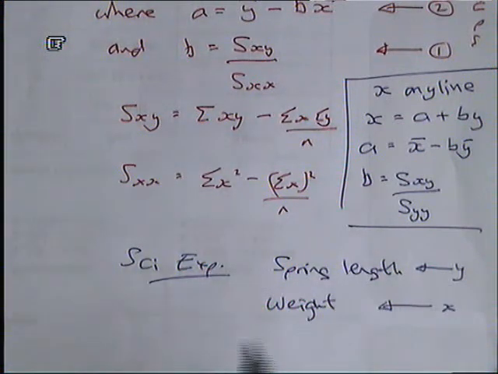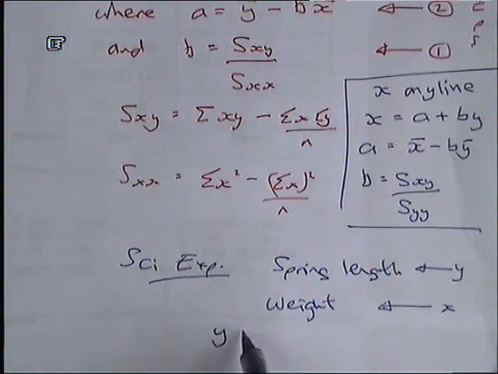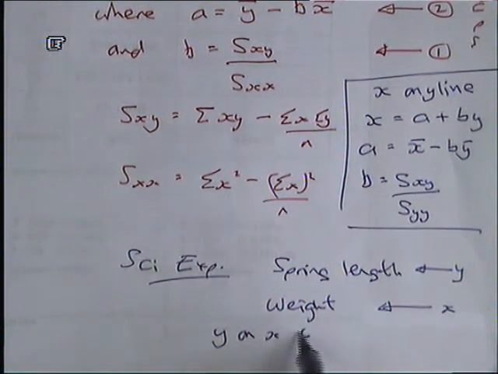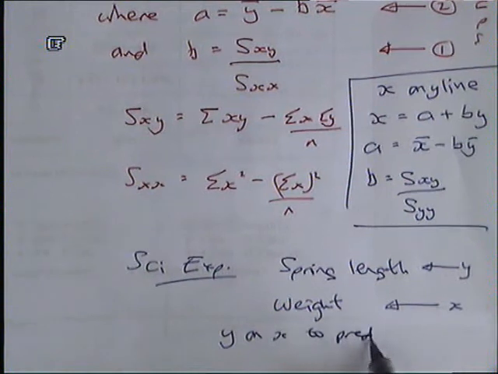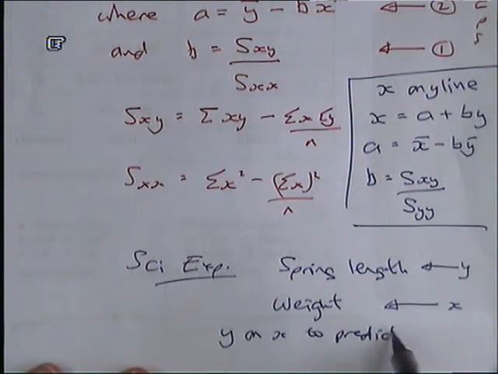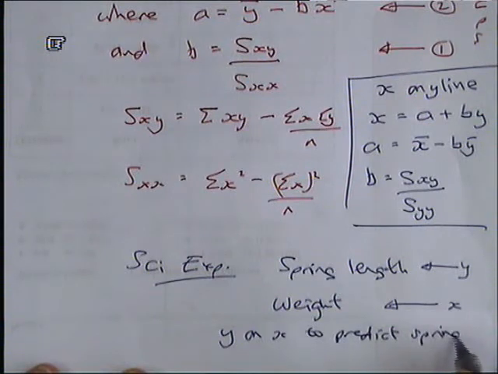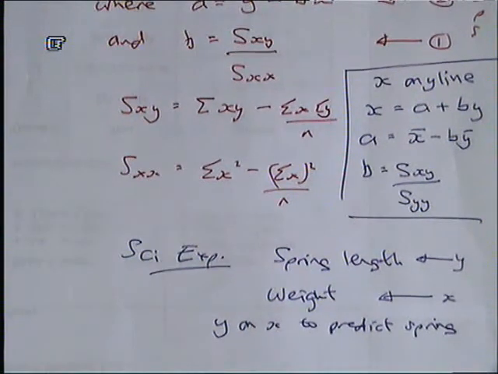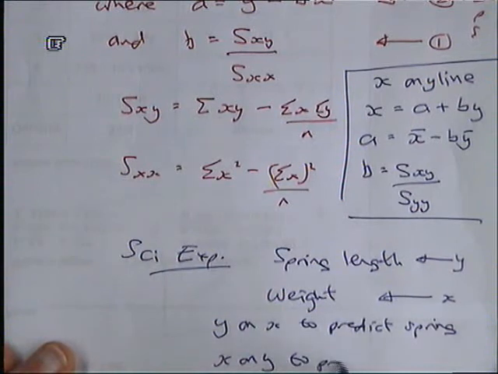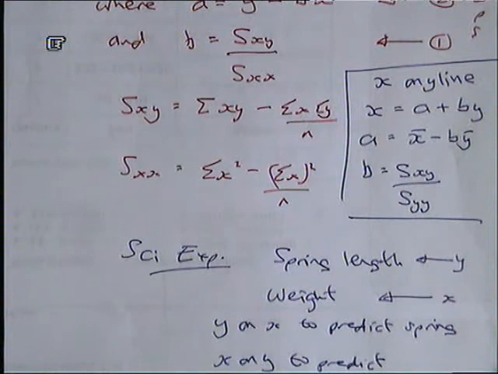In this scenario, you would use the regression line y on x to predict what length the spring would extend to if you changed the weight on the bottom. But you should not use x on y to predict what the weight would be for a different length.